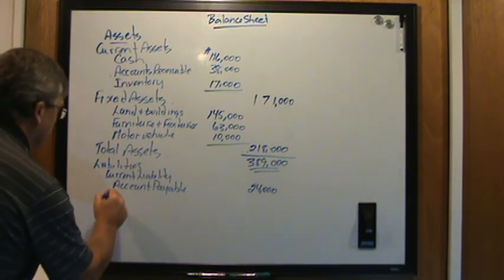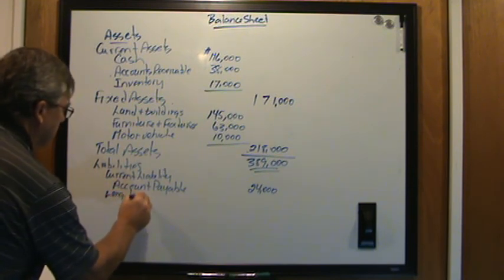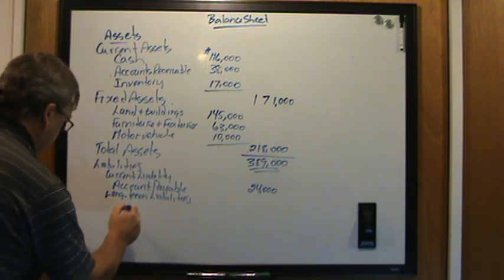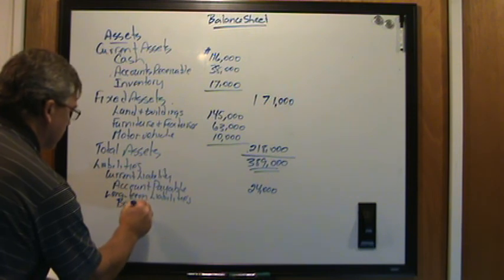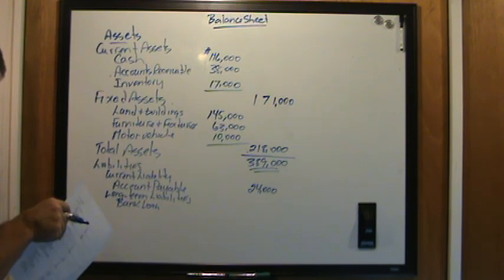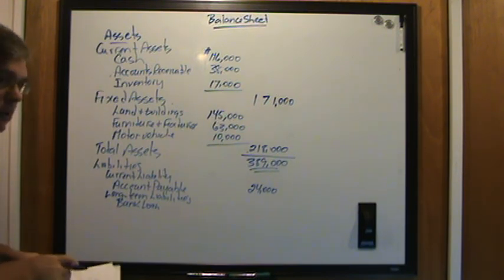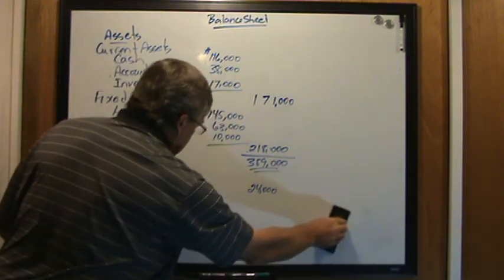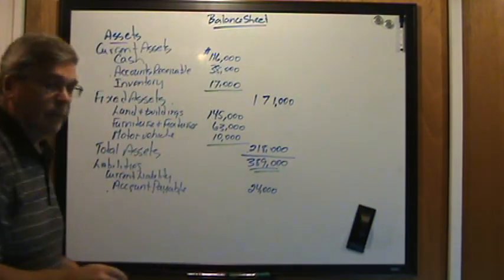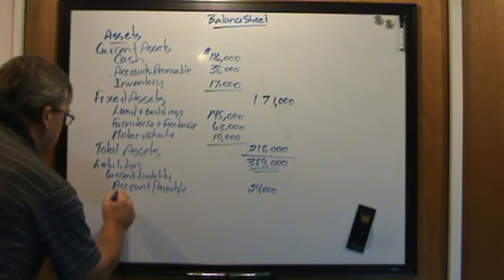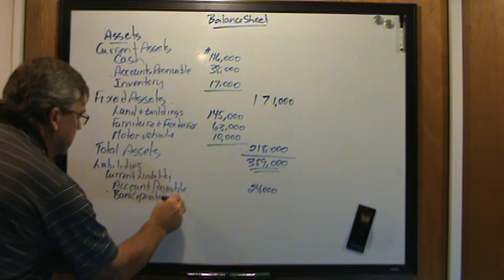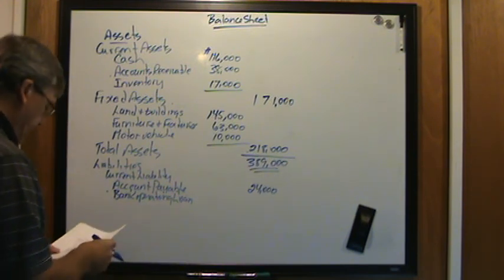And non-current or long-term liabilities was the bank loan. Sorry, this was called a bank operating loan. A bank operating loan is a current liability, so let's move it into here as well. Bank operating loan, $43,000.